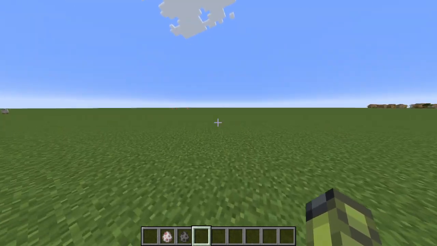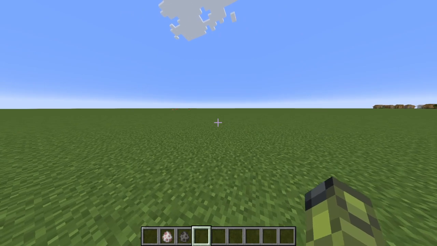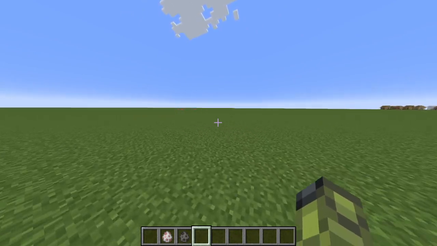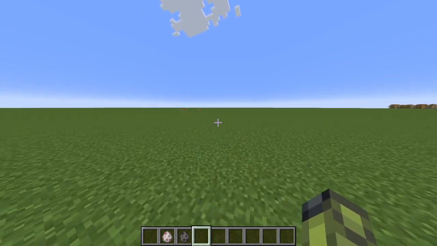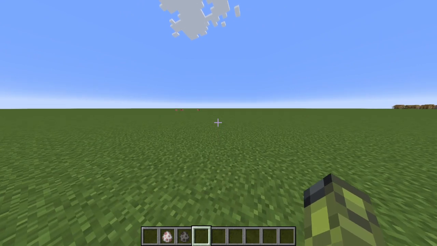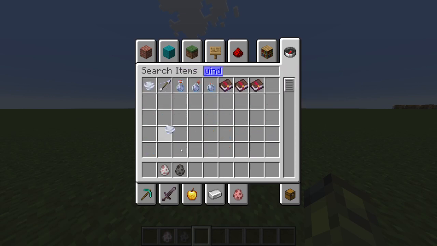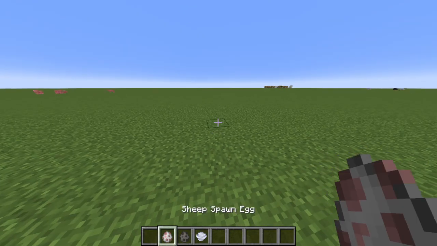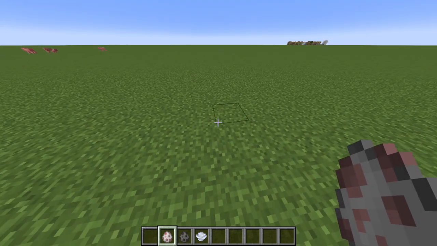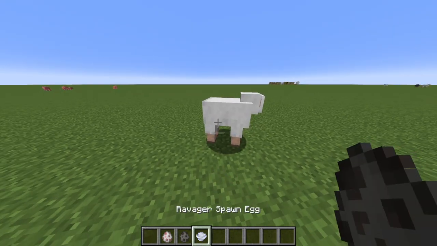Now, Newton's law 3. For every action, there is an equal reaction happening in the opposite direction. With this, I thought of the wind charge, also a new item, thank God for the snapshot.